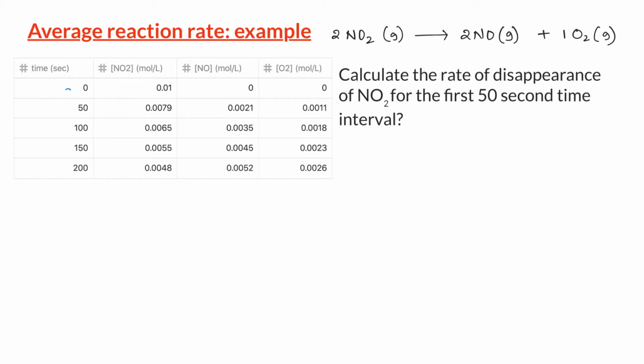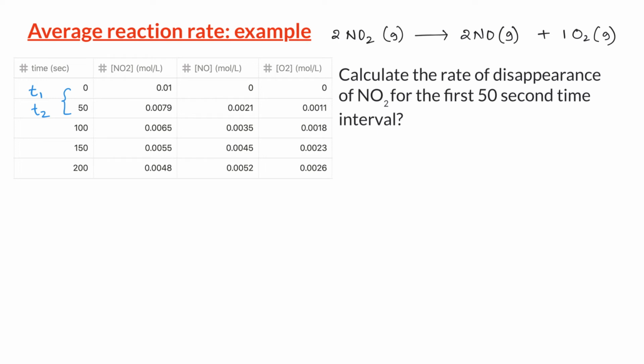For the first 50-second time interval, the initial time is 0 seconds and the final time is 50 seconds. And the concentration of NO2 at 0 seconds is 0.01 molar and it decreased to 0.0079 molar at 50 seconds.